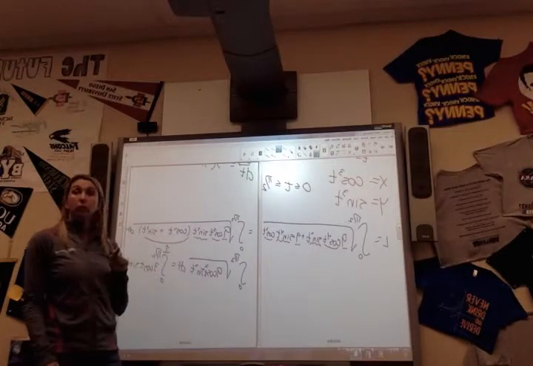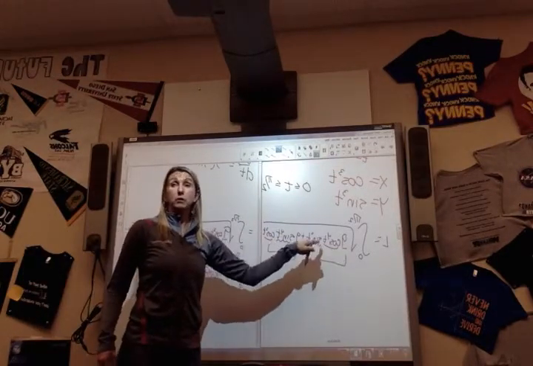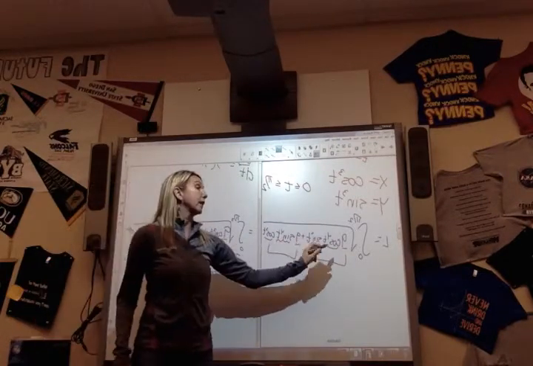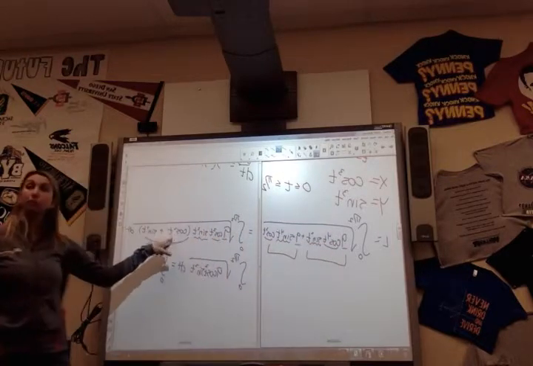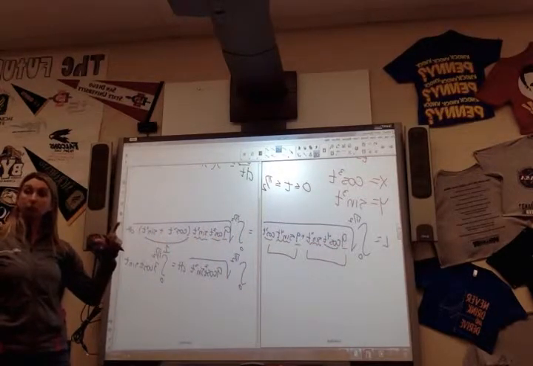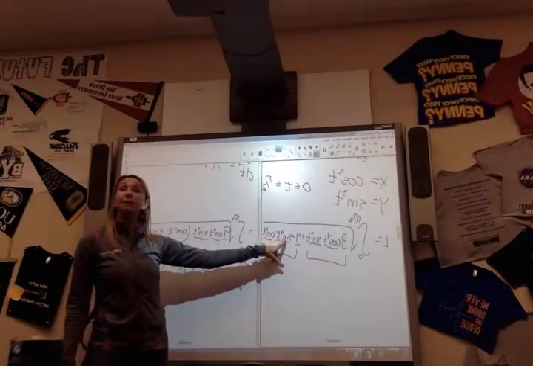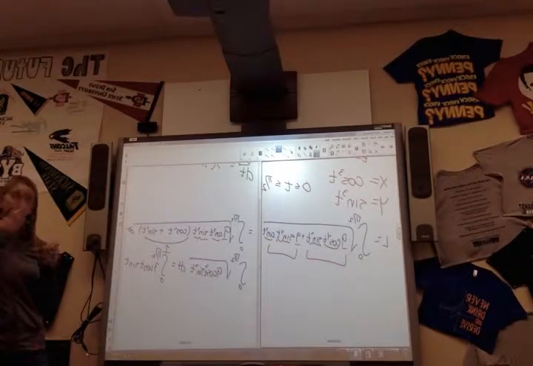So now these are two separate terms. For this one, when I factored out the 9, the cosine squared, and the sine squared, I was just left with the cosine squared. So that's why this is my first term in the parentheses. And same thing here, when I divided the 9, the cosine squared, and the sine squared out, I was just left with the sine squared for my second term.